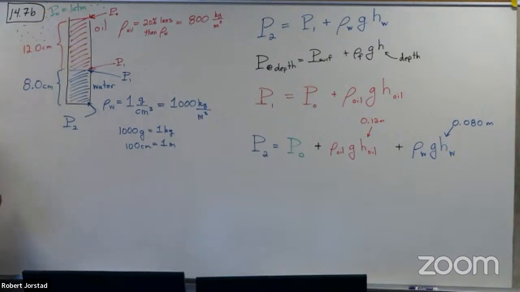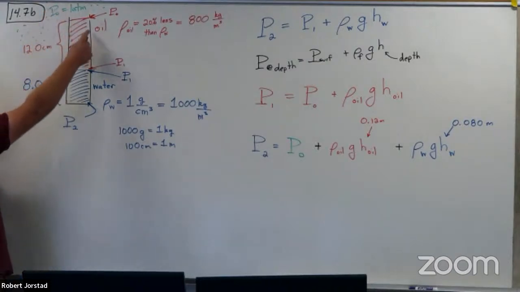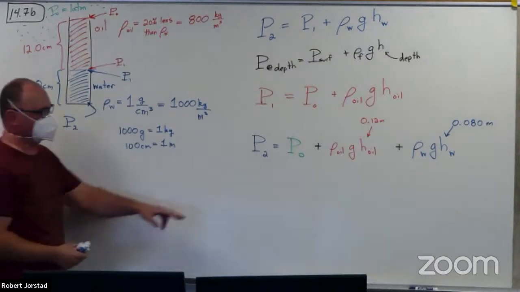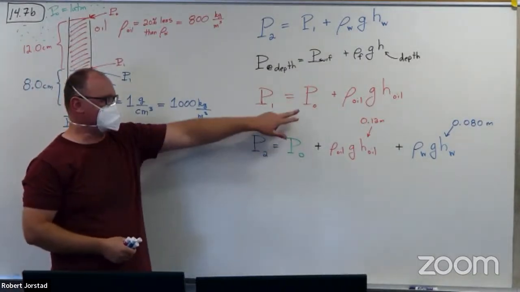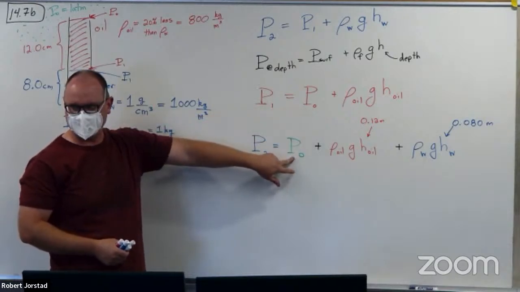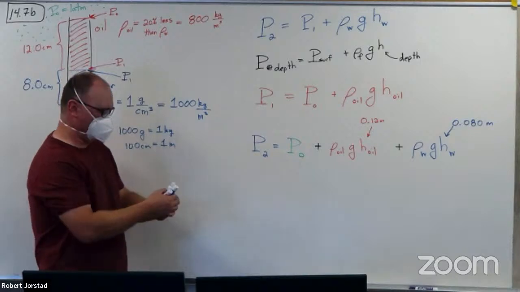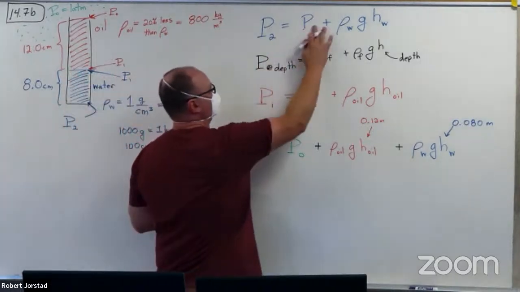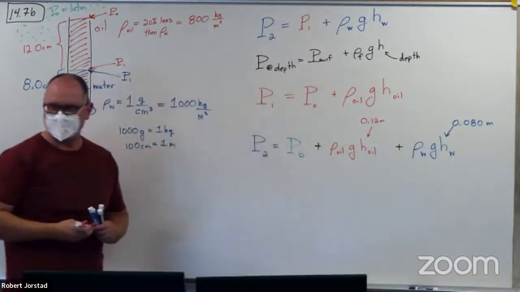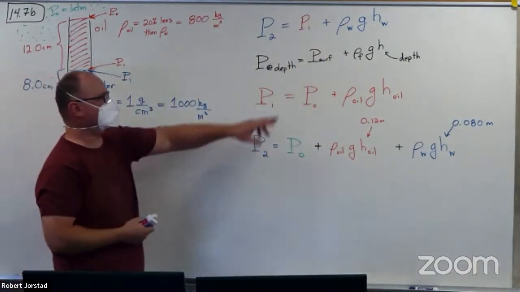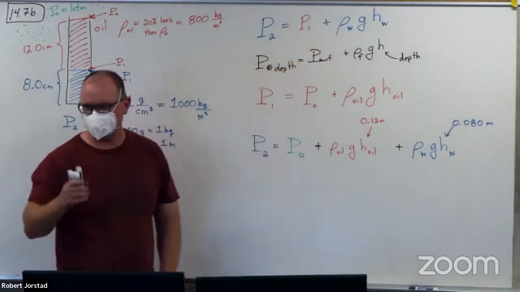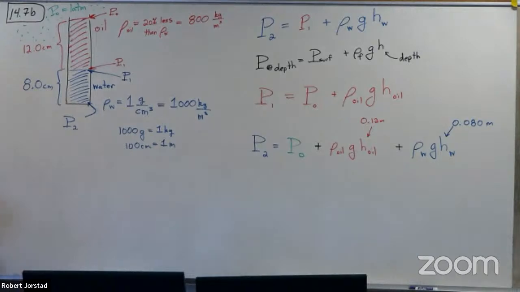And do you agree atmospheric pressure is the same as the top of the oil surface? So that's why I changed this to green right here, because the surface of the oil is the same as the atmospheric pressure. Got it? And so all of this, maybe if I just drew it like this. What I'm doing is saying, look, whatever I had at P1 at the bottom of the oil column, I've got to add this to it. You good? Yep. Good question.